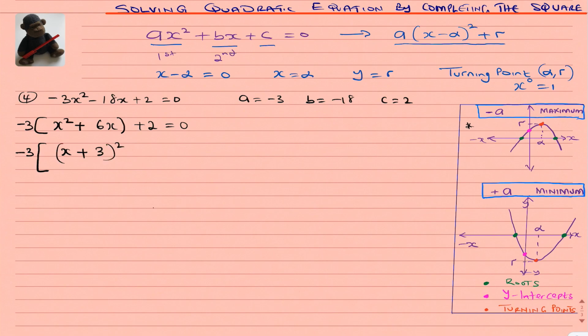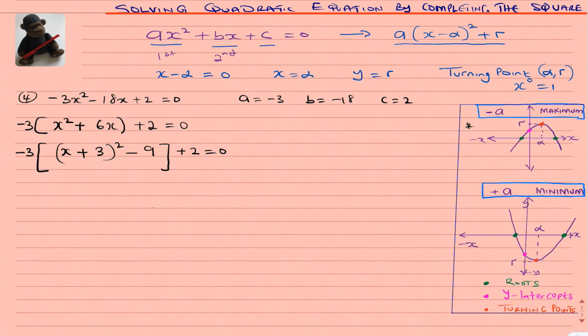Square it, x plus 3 squared. We need to take away the square of the new b over 2, which is the square of the 3 in this case, 9, and then close the square bracket, and then bring down the plus 2, and that equal to 0.